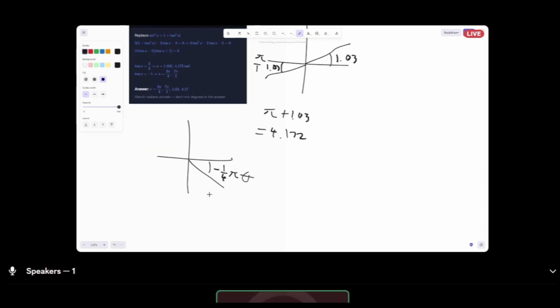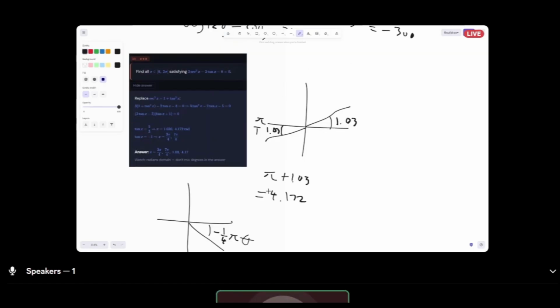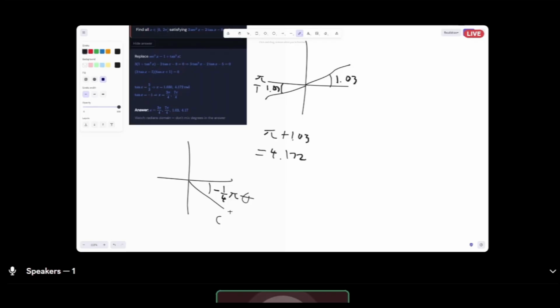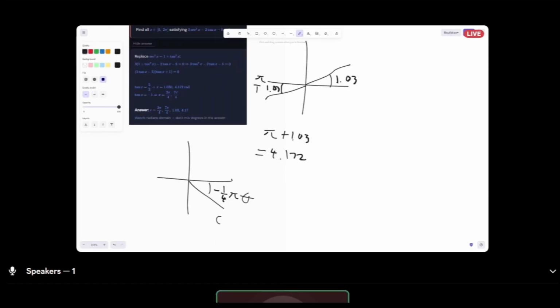But this is not an answer. Wait, let me check. Negative pi over 4, but this is not an answer because it's not in the range. Of course, it's not in the domain.